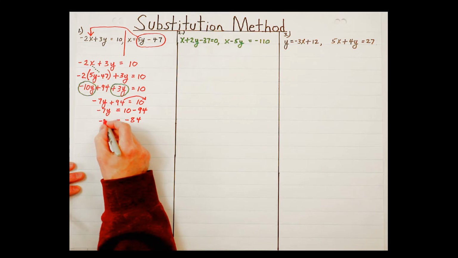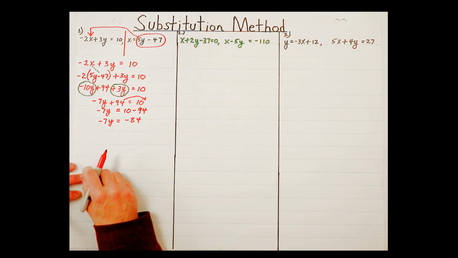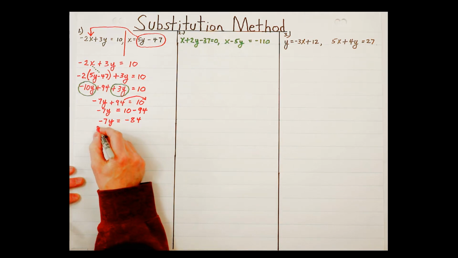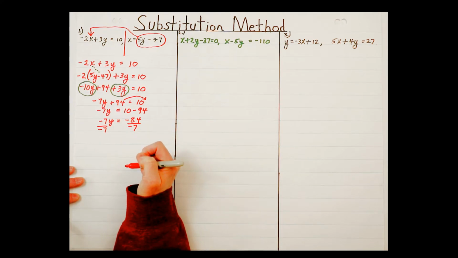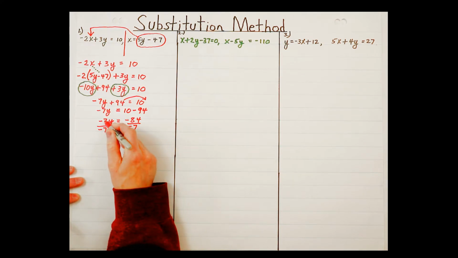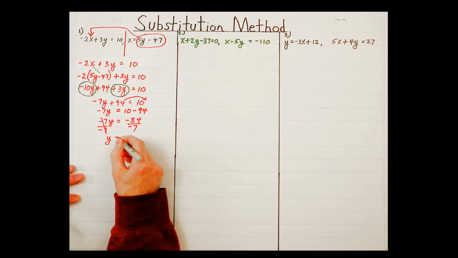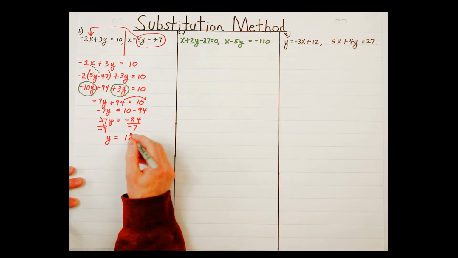And I'm going to bring down minus 7y. Now we have to divide by the coefficient of y, which is negative 7, on both sides. Negative 7y divided by negative 7 is just y, or 1y. Negative 84 divided by negative 7 is 12.